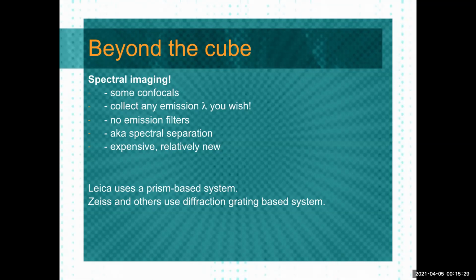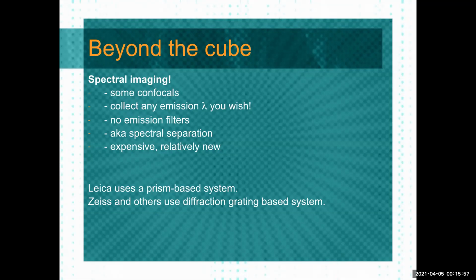So I can just sit there and in an instant say, show me emissions from 550 to 562. Well, okay, let's go to 570. Oh, no, okay, let's see what happens if I go to 580. In fact, they'll even draw the spectra of the fluorophore on there for you as a guide, so you can guess something useful.